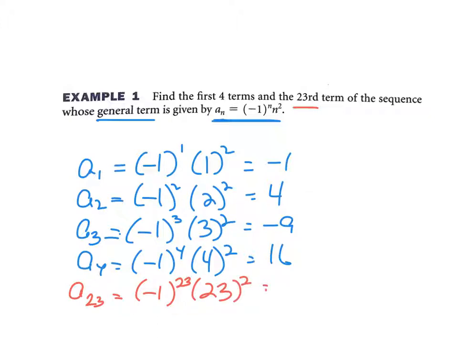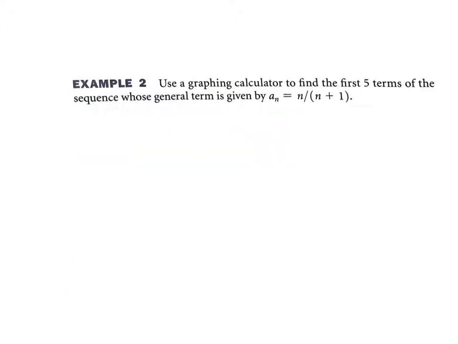I'm going to punch 23 squared into my calculator because I'm not exactly sure. I think it's 569. Let me see. 23 squared, 529, that's close. And it's going to be -529 because anytime you raise a negative number to an odd power, it stays negative. So -529.